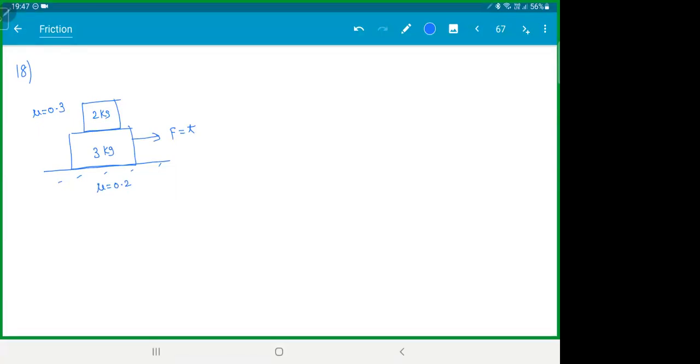There. Ground is also having friction now. There is no mu k right now. Mu k will come in the next problem. I'll put mu k on the ground also, mu k between the blocks also. Get this plot, acceleration versus time graphs.